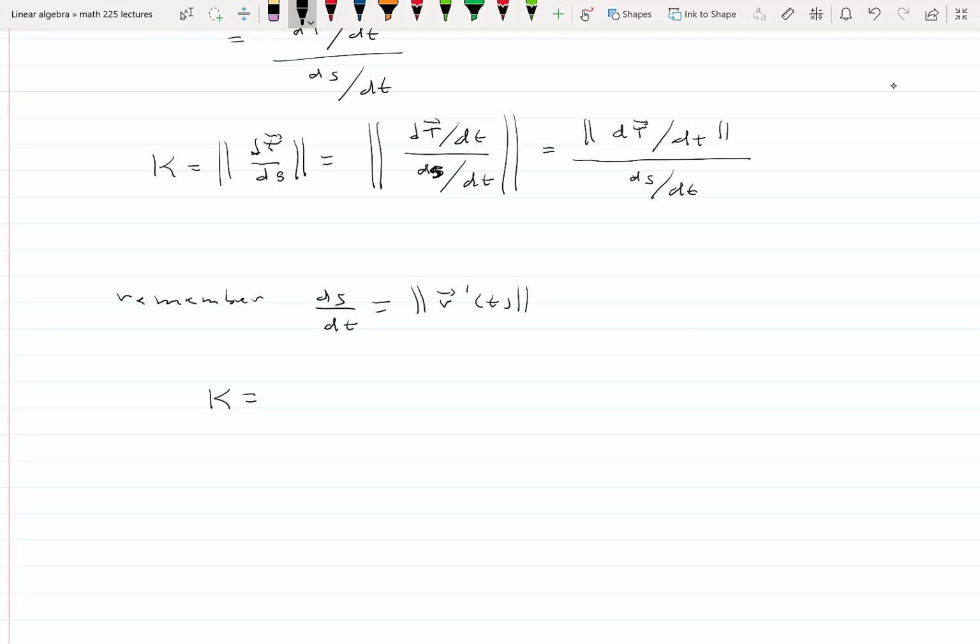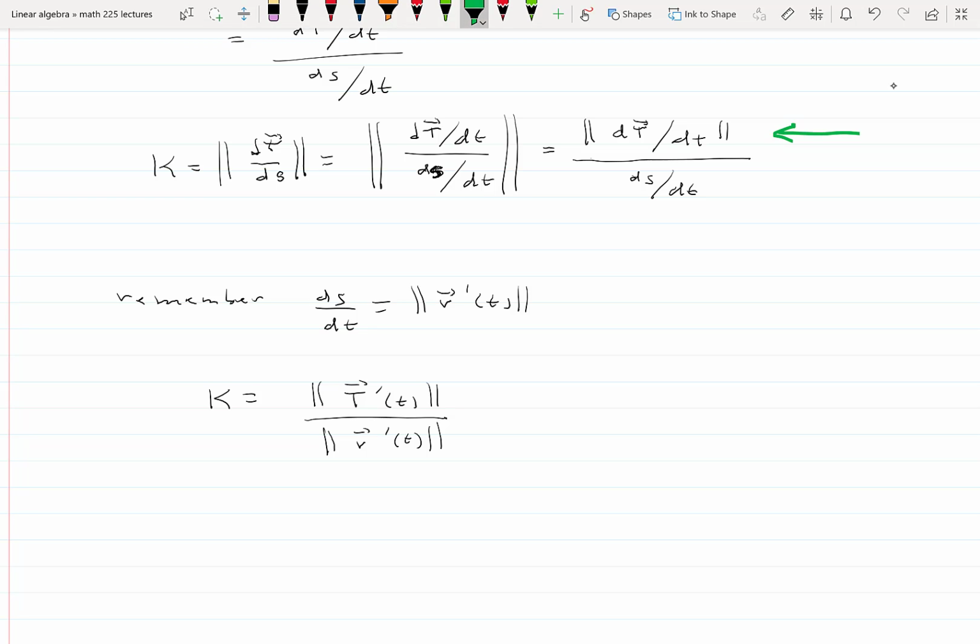Curvature is equal to the length of the derivative of T with respect to time, that's what we have in the numerator, divided by the length of r prime. This is a very popular formula for curvature.